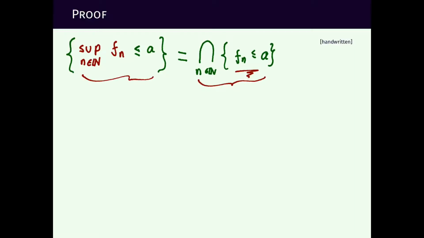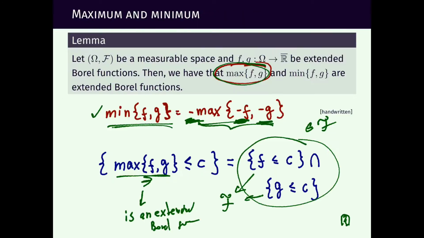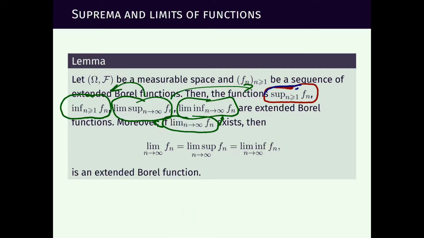And conversely, if the supremum is not more than a, it means none of the fn's can be strictly larger than a, and therefore omega will belong to all these sets here, the sets where fn is at most a. So this completes the proof of this claim, that this function is an extended Borel function.